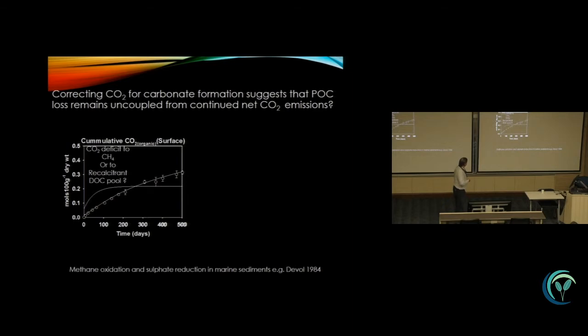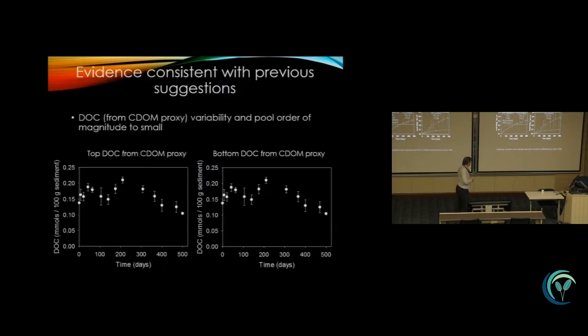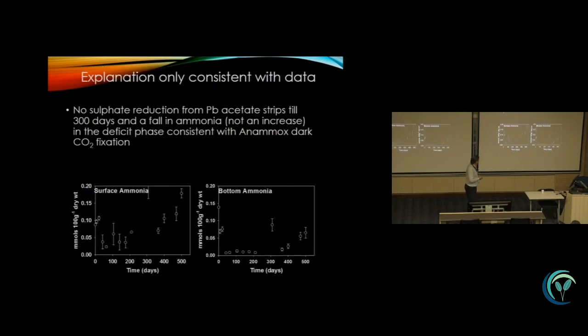Reasons for that: CO2 deficit compared to the pool, maybe possibly methane production or a recalcitrant pool. Then we have a surplus. On the bottom, we have basically a CO2 surplus and probably methane to CO2. But the reason for that, we don't think it's a DOC pool because our CDOM values when calibrated were too small. They're in millimoles, not moles.